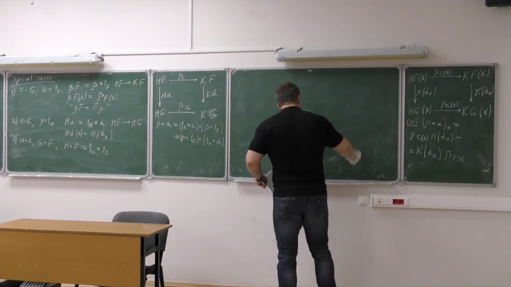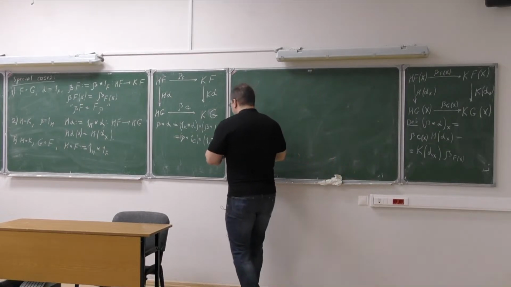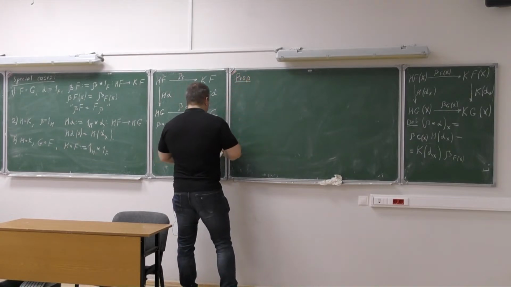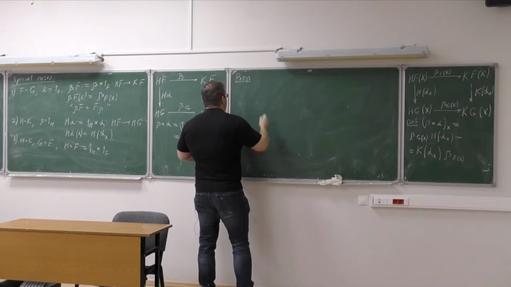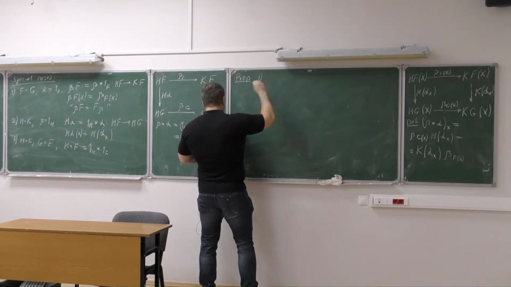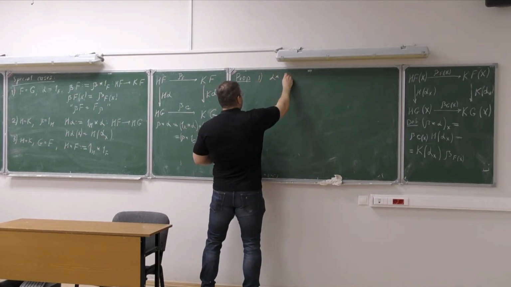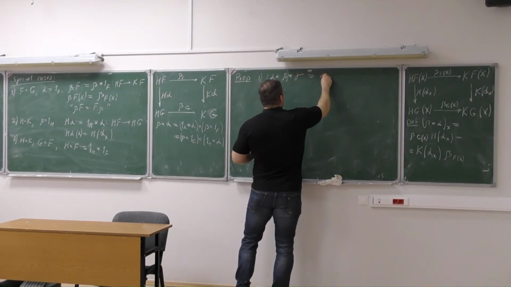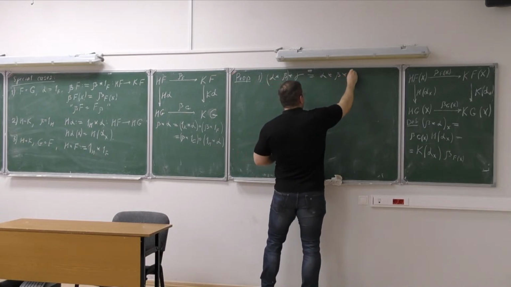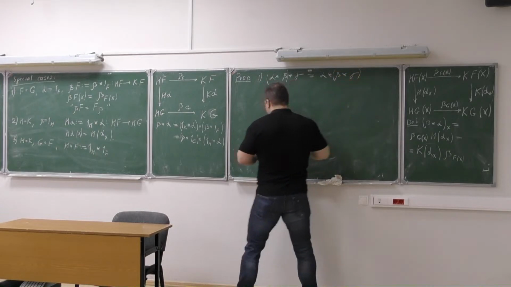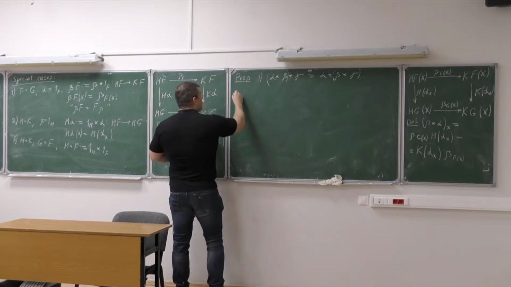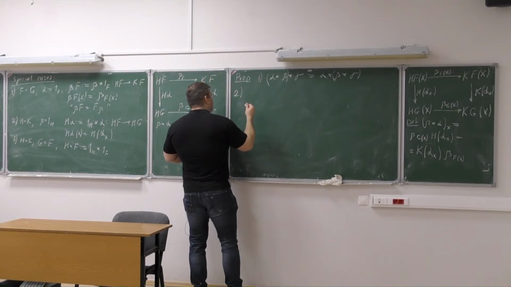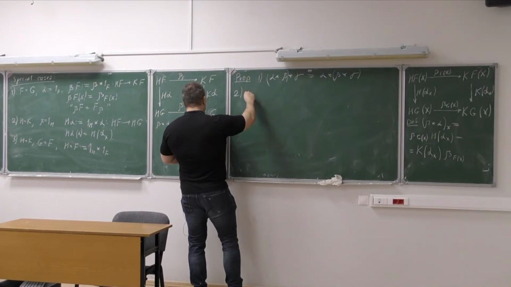It's more or less clear. So maybe let me formulate this as a proposition, but I'm going to leave the proof as an exercise. So in the proposition, I have two properties. First of all, the star product is associative, and second property, a little bit more interesting, that the star product is two-associative or satisfies the interchange law.